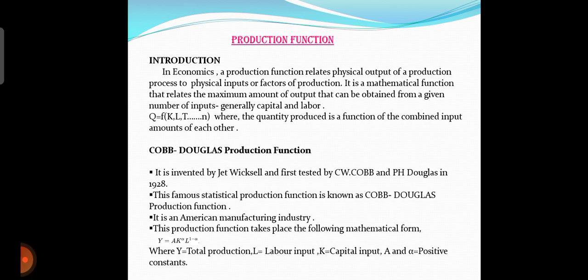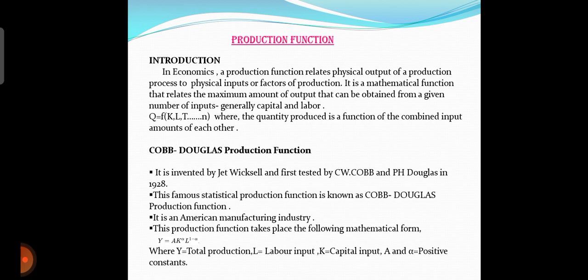Let's have a quick session on Cobb-Douglas production function. Cobb-Douglas production function was invented by Knut Wicksell and first tested by C.W. Cobb and P.H. Douglas in 1928. This famous statistical production function is known as Cobb-Douglas production function.